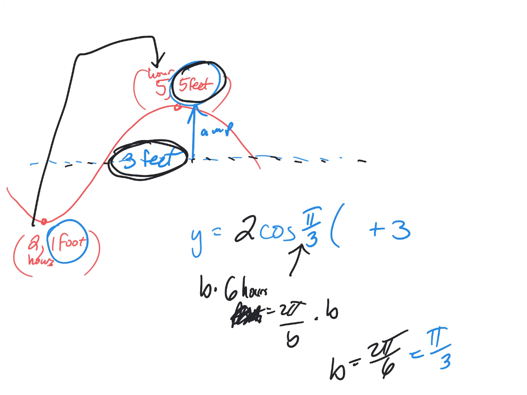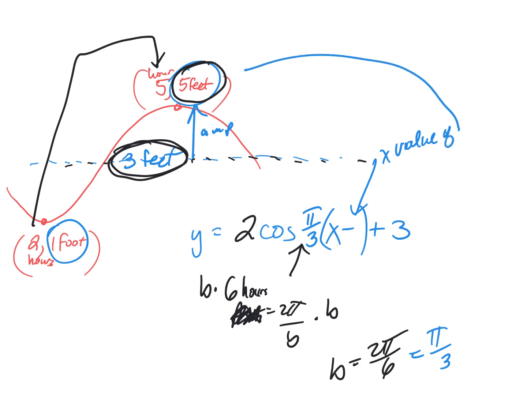Next is the shift, and it goes in here, x minus. Now, you have to decide what the x value of the first peak is. Well, it's easy.